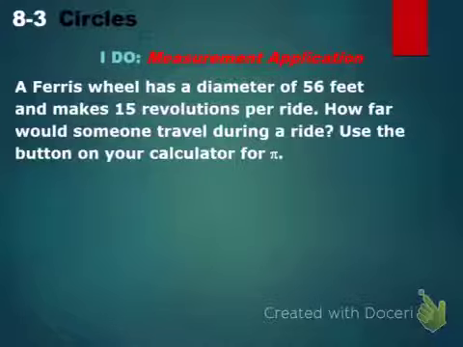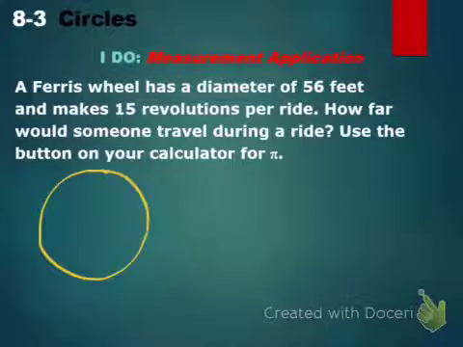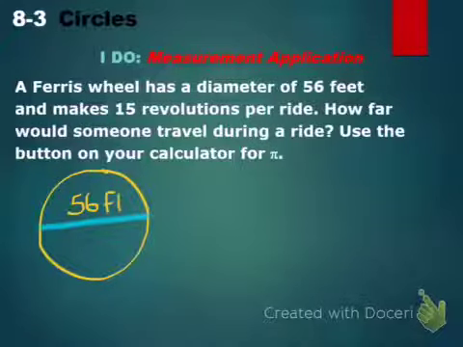So we've got a Ferris wheel, and it's telling us that it's got a diameter of 56 feet. So it's a pretty decent sized Ferris wheel.